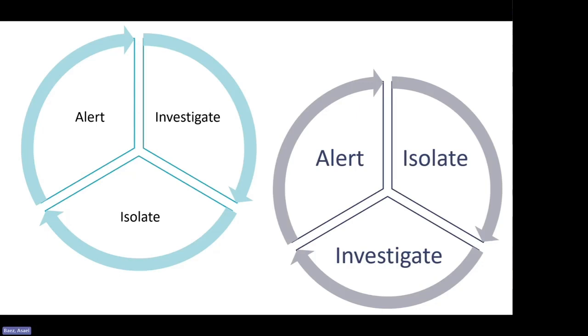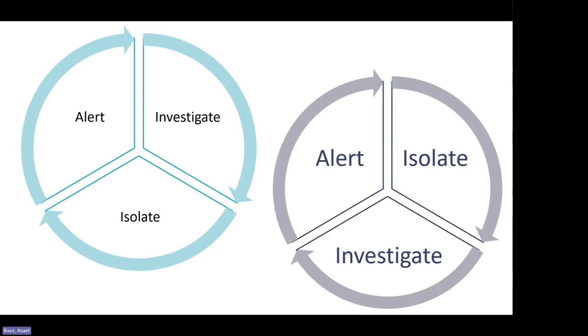Very good. So the approach that we currently have, and that we should change, is we get the alert, then we investigate, then we isolate. The approach that I would submit to you is, once we get an alert, apply auto isolation and then investigate. And you may say, wait, what about if it's a false positive? What about the production systems? You have to balance what type of risk you are willing to take.